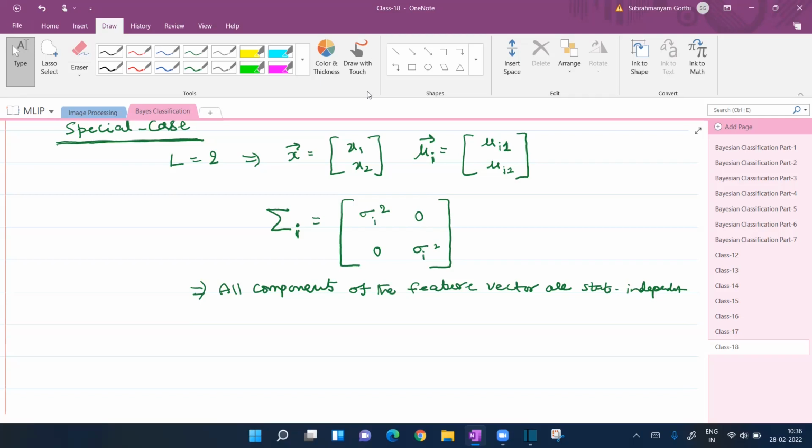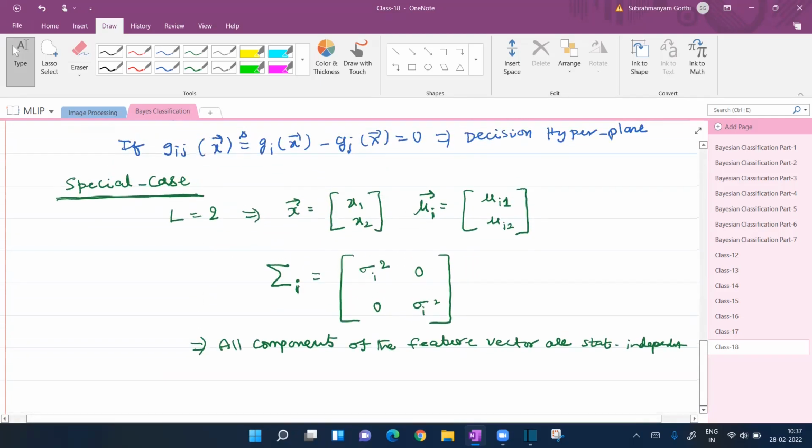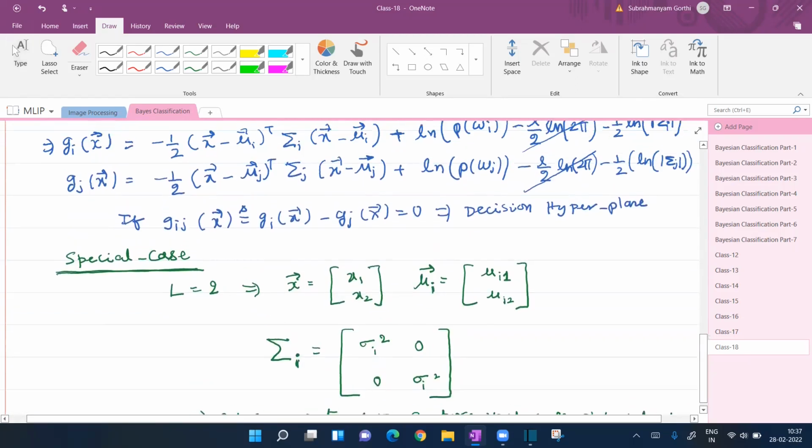Ellipse. Very good. Suppose I have the off-diagonal elements non-zero, what would be the shape of my isocurves? Ellipse at an angle. Right, correct. Very good. Now, with that background, let us try to rewrite these equations.